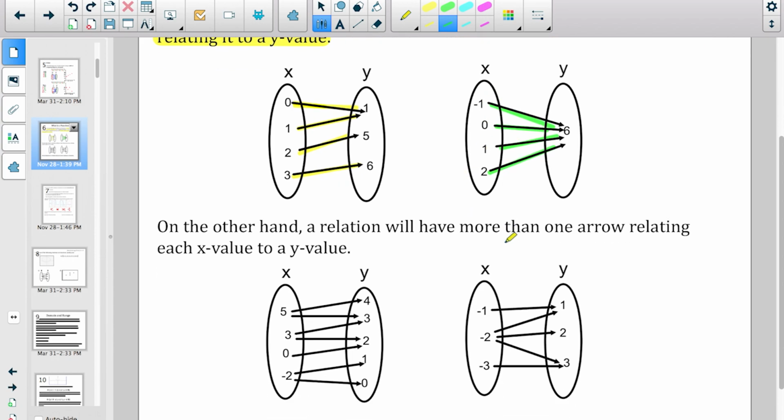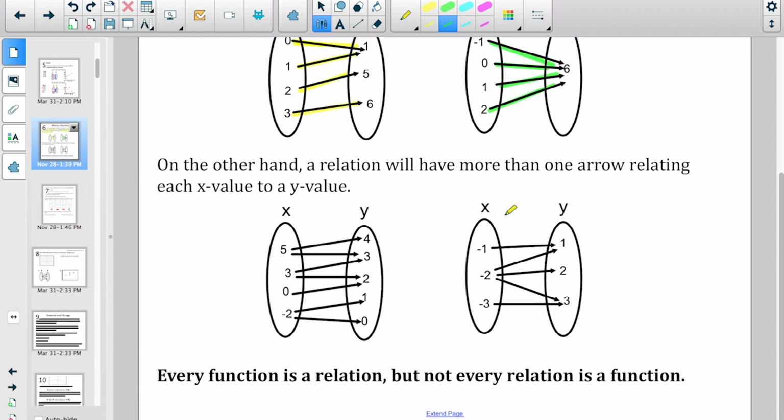On the other hand, if we take a look at some examples where this is not the case, we can see that in this example the 5 has 2 arrows coming out of it, which means that this x value of 5 is related to 2 values of y. Same thing with the 3, it's related to the 3 here and the 2 down here, and then the -2 is related to both the 1 and the 0.